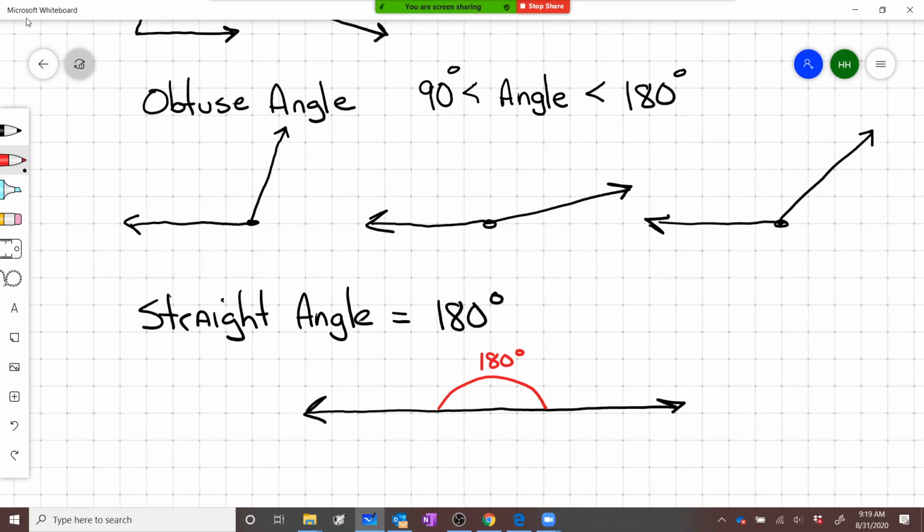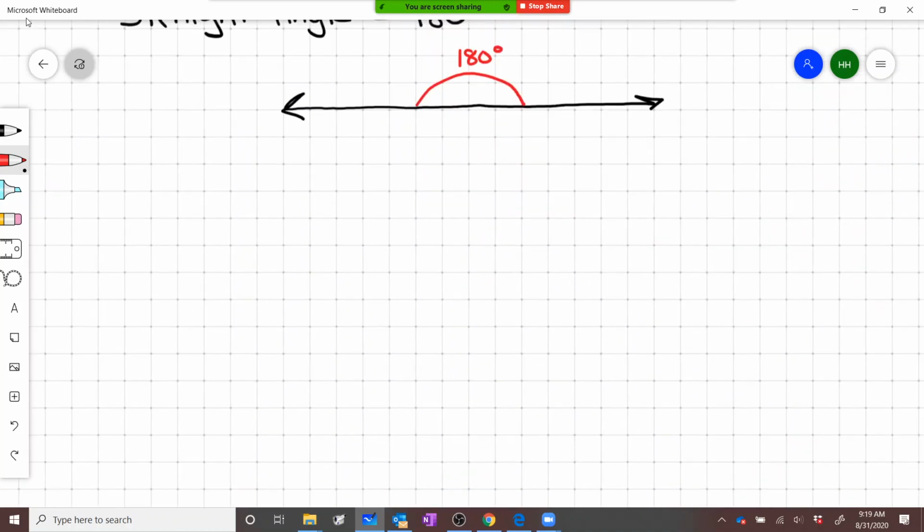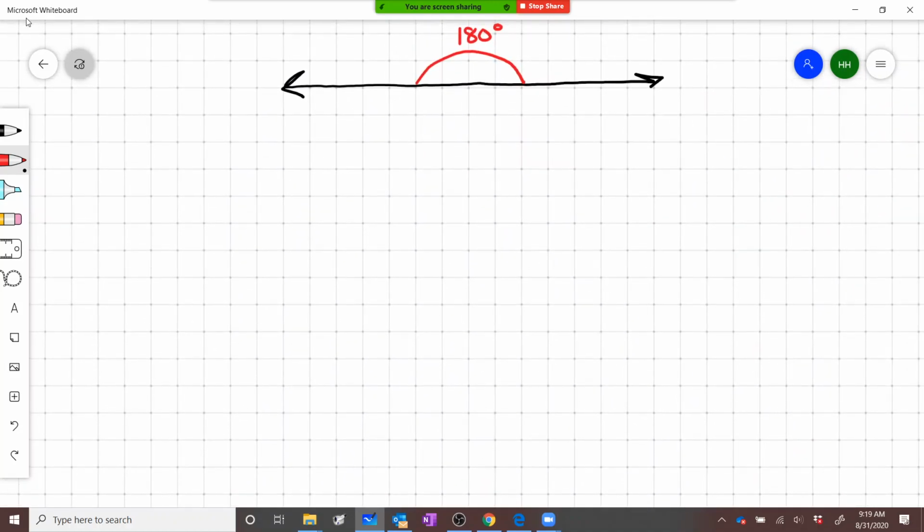Okay, a couple more things to talk about. We're real close to being finished with this section, so we're going to finish it right now. Let's talk about an angle bisector.